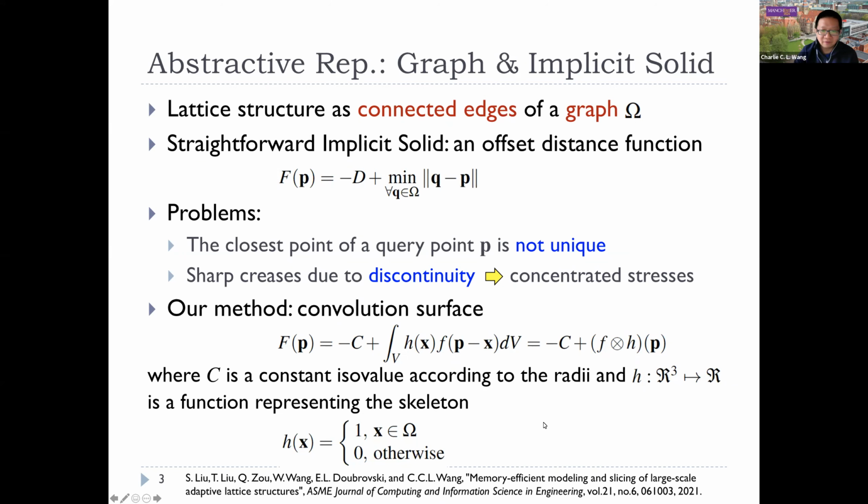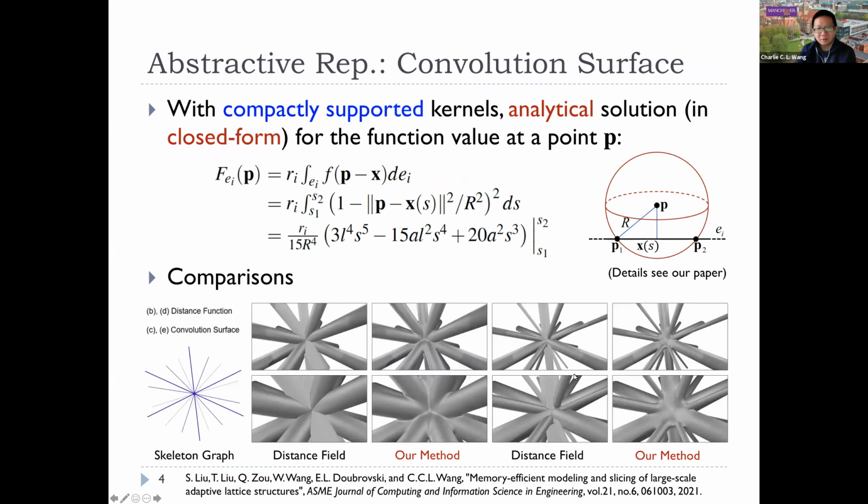But a conventional convolution surface, which is continuously represented, is harder to evaluate efficiently. So we borrow knowledge from computer graphics and use a compact representation with a compactly supported kernel. With this representation, we are able to have an analytical solution in closed form to evaluate the function of a convolution surface.